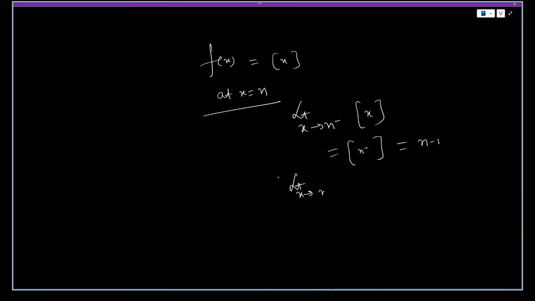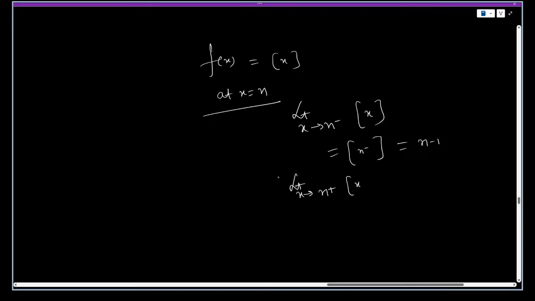And limit x tending to n plus, modulo x, n plus means just greater than n, so it will give us n only. And f(n) equals modulo n equal to n. So they are not equal, it is not continuous.